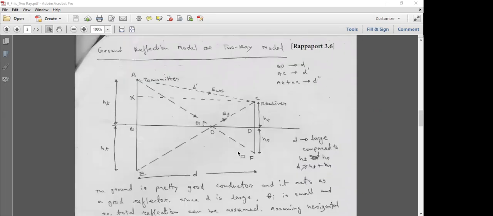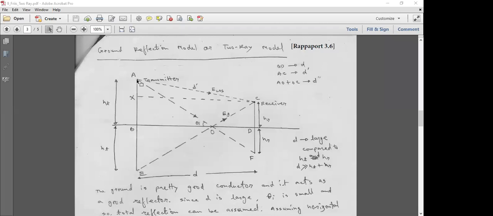Now, in the last class, we said that this horizontal line is representing the ground, acting as a good reflector.